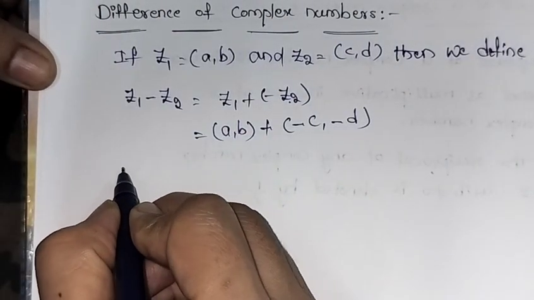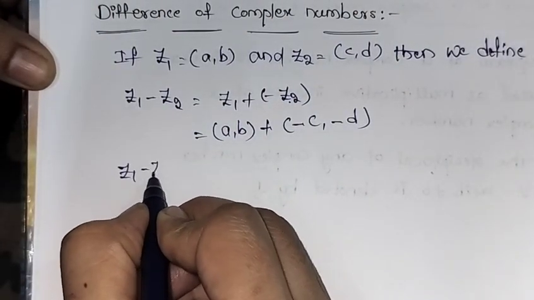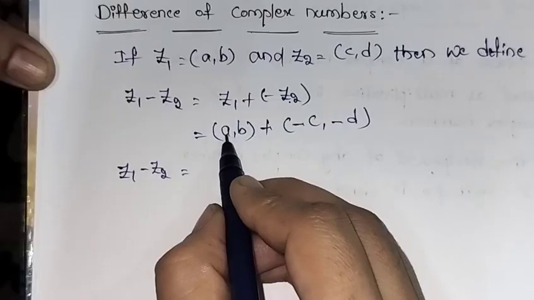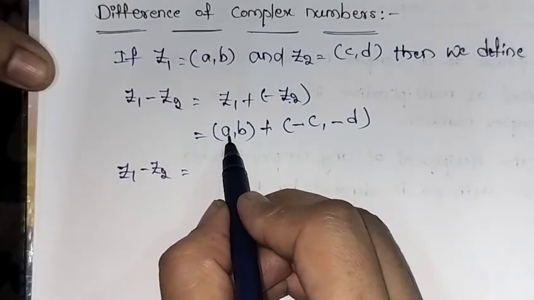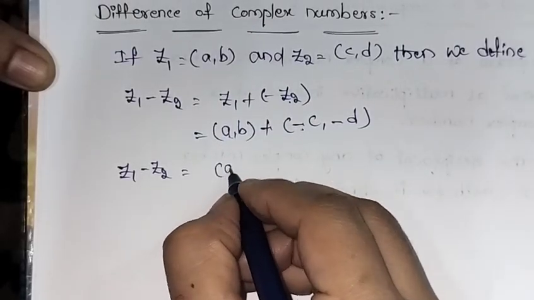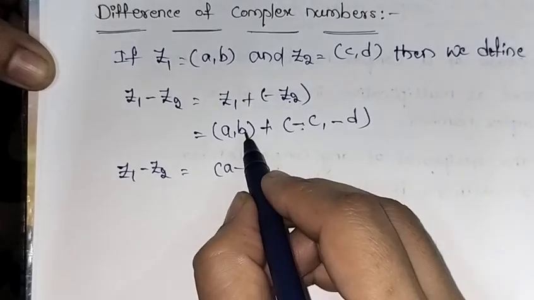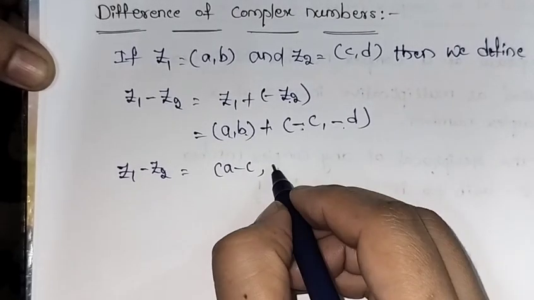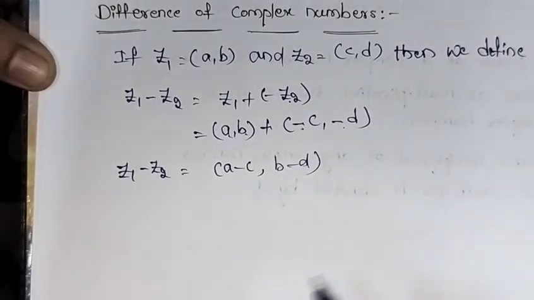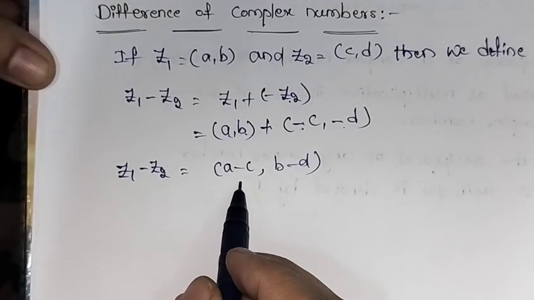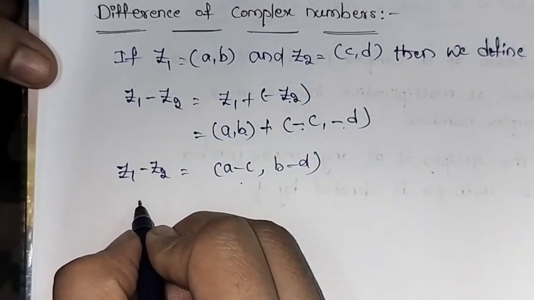Difference of two complex numbers z1 minus z2 is equal to difference between real parts a minus c, comma, difference between imaginary parts b minus d. So this is in ordered pair. You can write in a plus ib form.